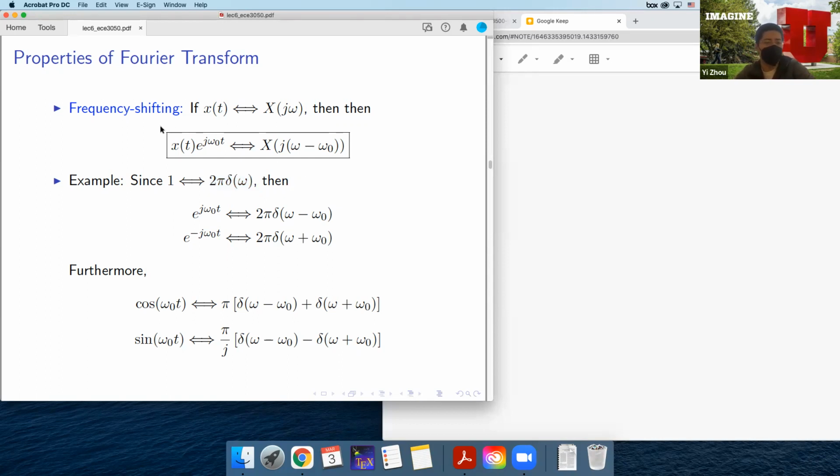Then by leveraging the frequency shifting property, we can conclude that for this complex exponential signal, the corresponding spectrum is the original spectrum shifted by omega naught to the right, because we can view this one as 1 times e to the power of j omega naught t.